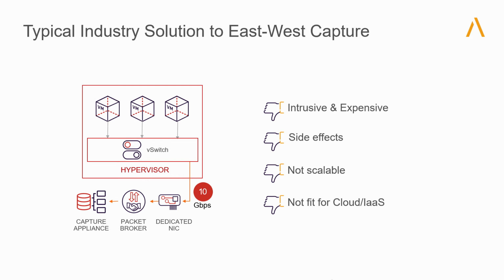With this type of solution, right, this kind of antiquated east-west capture requires anything that you're seeing on that virtual switch. So essentially, in the case of port mirroring, just in the vSwitch itself to a physical adapter, if you don't add an additional dedicated NIC, that traffic is going to be in contention with your production traffic, right?